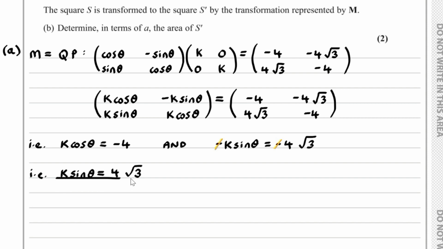And then we will divide this by k cos theta, which is equal to minus 4. And so what you can see here is tan theta is equal to minus root 3, from which we can conclude theta is equal to 120 degrees.